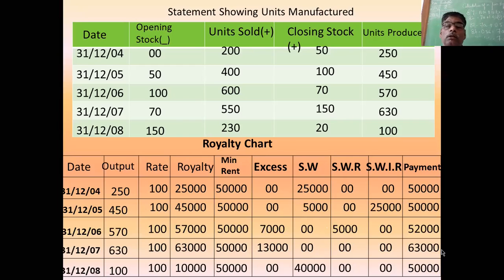This is the royalty chart. In this problem, remember, my dear students, short working is to be recovered in the next year only. In the next year only means only 1 year period is given. Clear? This is the table.